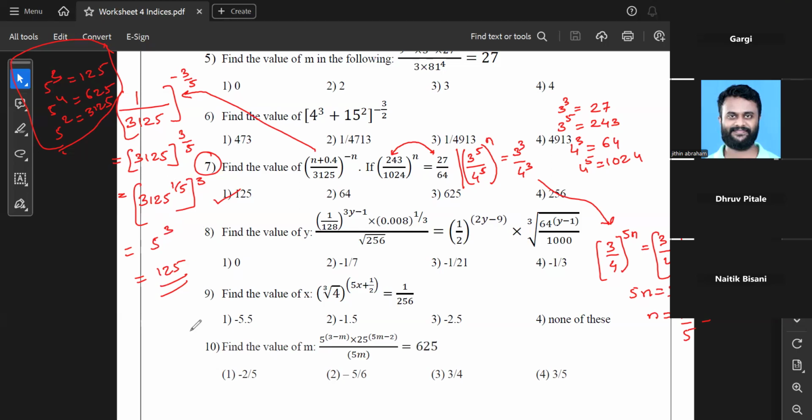This 1 upon 5 means it is the fifth root. The fifth root of 3125 raised to 3. Now the fifth root of 3125 is 5, and therefore 5 raised to 3 is your next step. Understood?